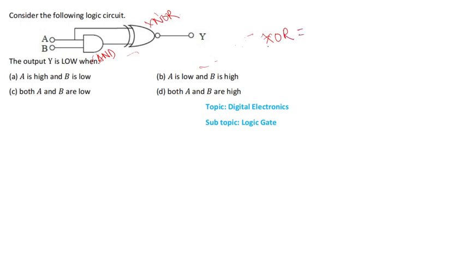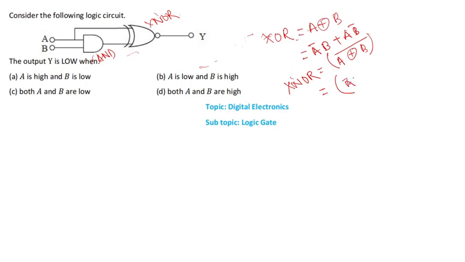For the XOR gate, we have A bar B plus A B bar, where this is the output of the XOR. The XNOR output is basically the complement of the XOR output, so we have the complement of A bar B plus A B bar, right?